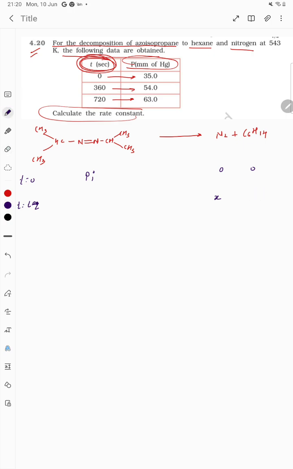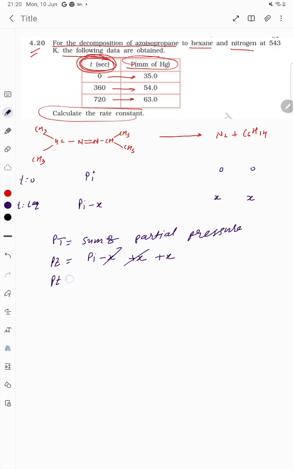What remains is Pi minus X. Pt, the total pressure, is the sum of partial pressures: Pi minus X plus X plus X. Minus X plus X cancel out, so Pt is equal to Pi plus X.